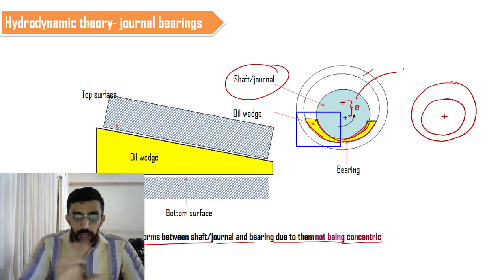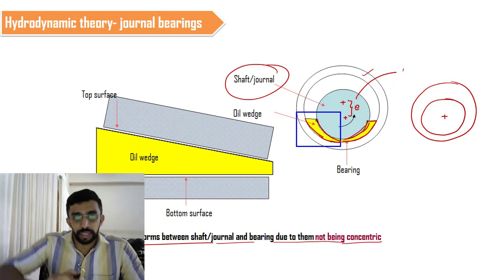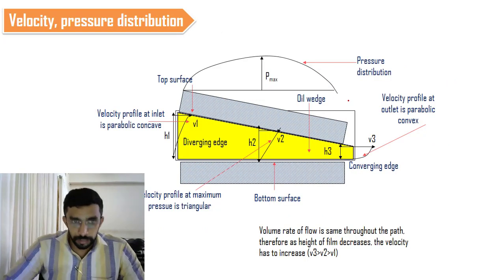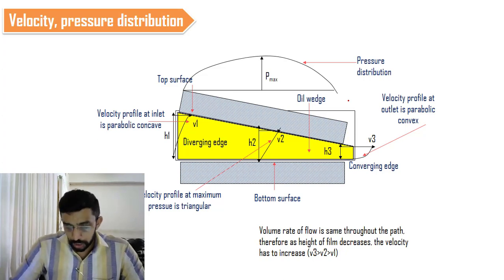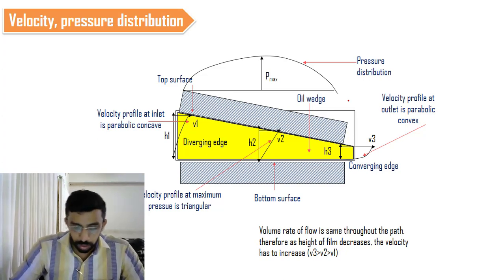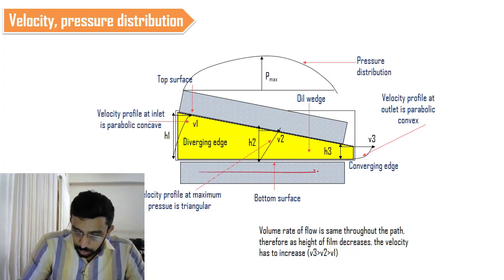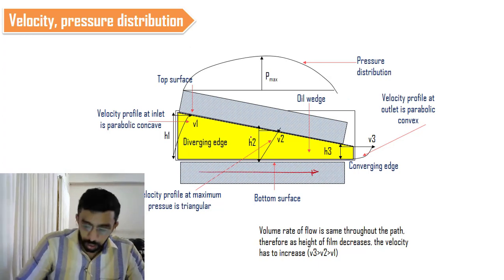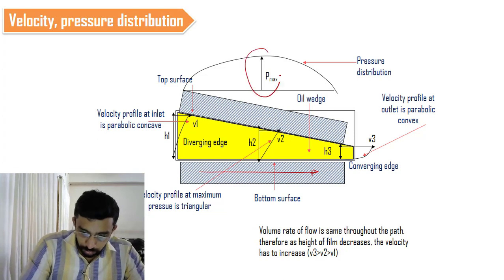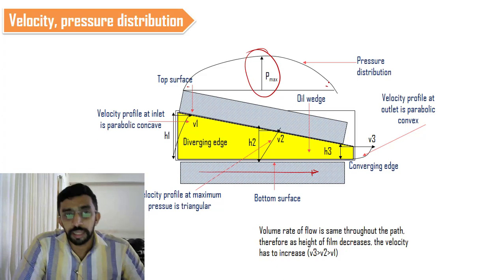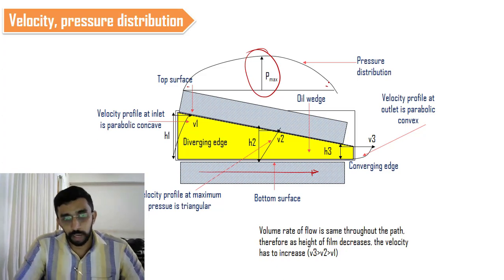Now let's see how this wedging action creates a fluid film between the layers. This is how the pressure distribution and the velocity distribution look: as we move forward, the velocity will increase, and towards the center we have a maximum pressure, and on either side, usually we consider zero pressure, at inlet and outlet.